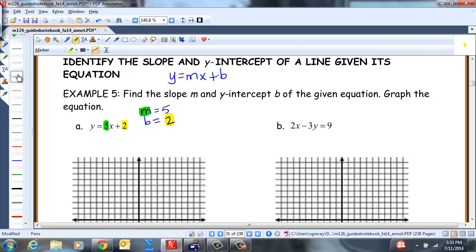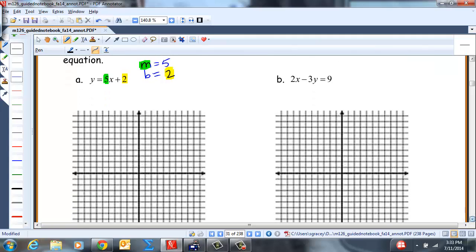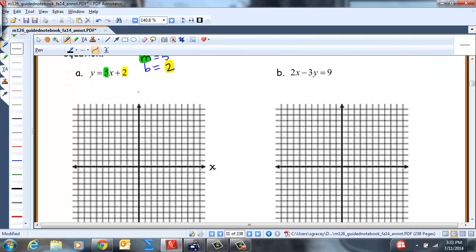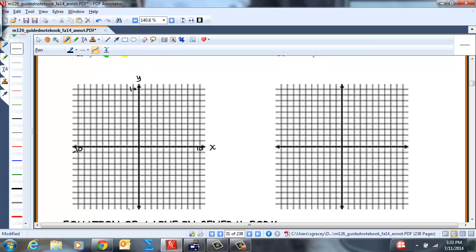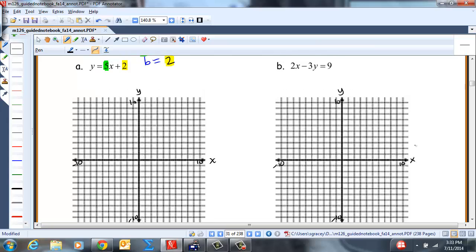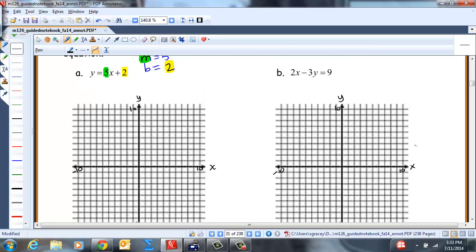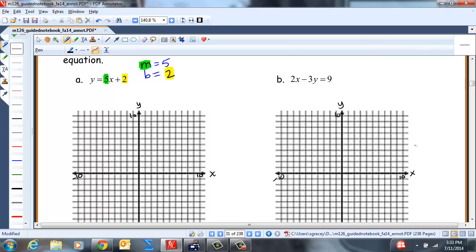So what does that tell us? Well, again, we'll just use that standard scale. That's easy enough. So x and y, and we should be able to use it for this guy as well. So here we can plot the y-intercept first.